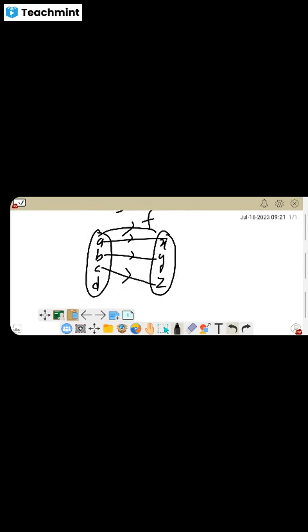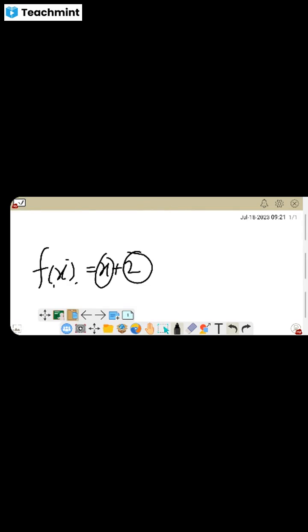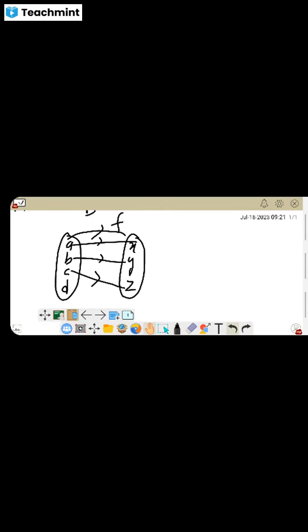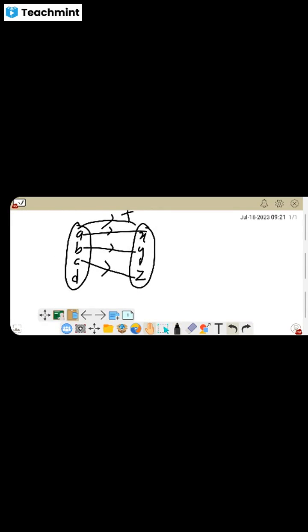This can be possible without any value of x, but this cannot be possible when we put in any input. So any element of A cannot be without an image in B. So this is not a function. Got this point or not? Yes, ma'am. I got it.